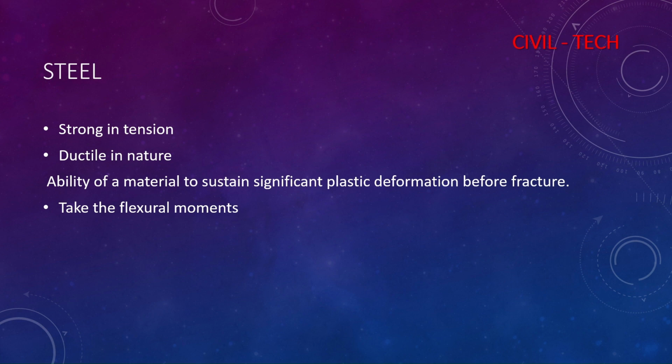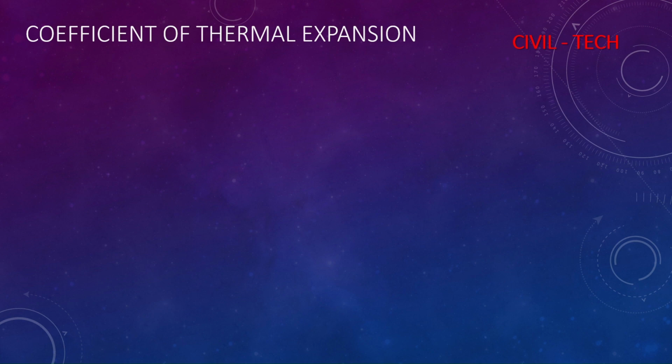What is the reason behind the steel usage? We have seen some of the most important properties of concrete and steel, but for RCC, one major property is there, that is the coefficient of thermal expansion.